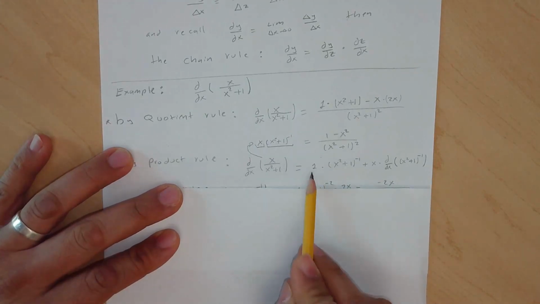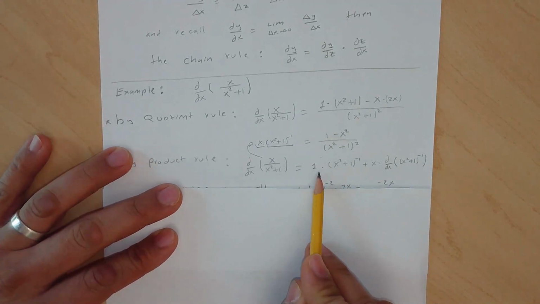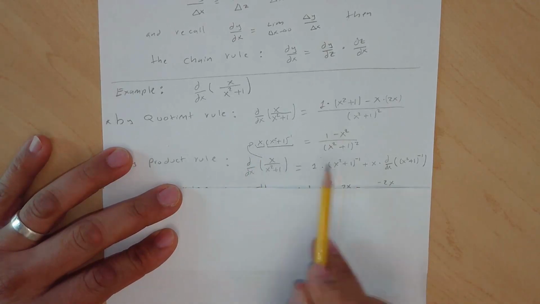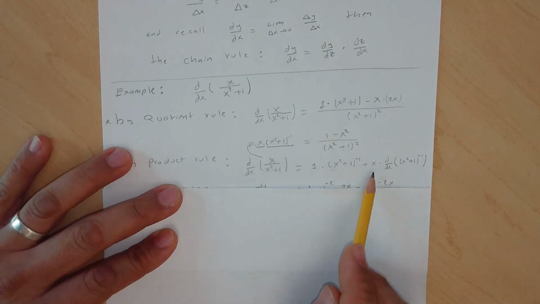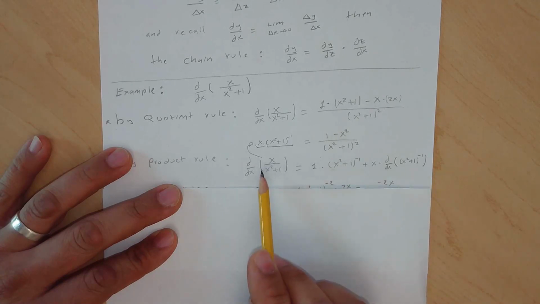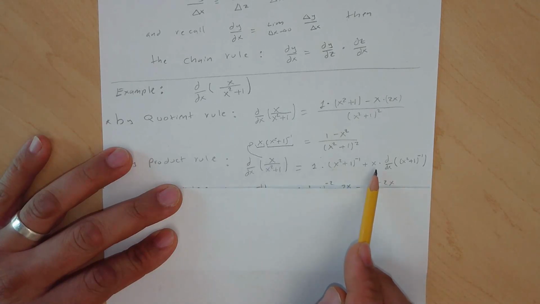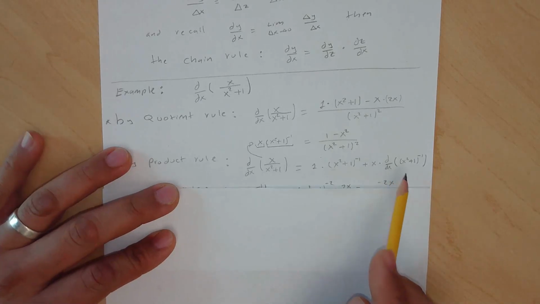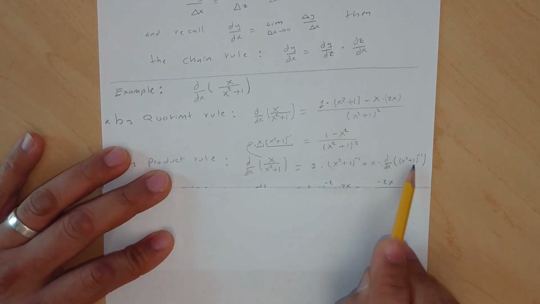The same thing: first the derivative of x, which is the first one, and we keep the second term as it is, plus the x as it is, because we don't have the derivative here, multiplied by the derivative of the second term. In this case we don't know it because it is a composite function.